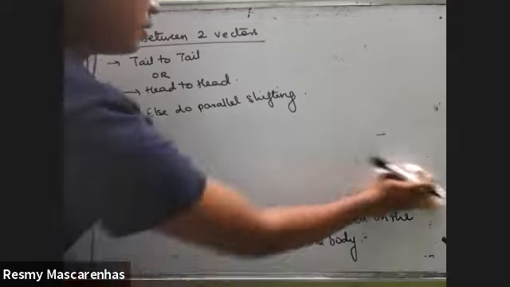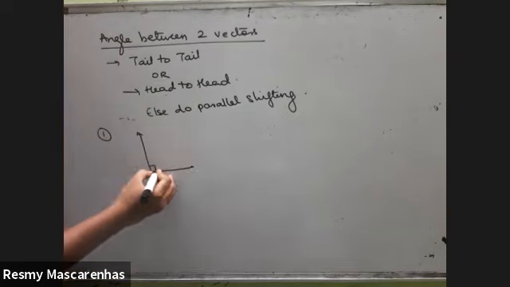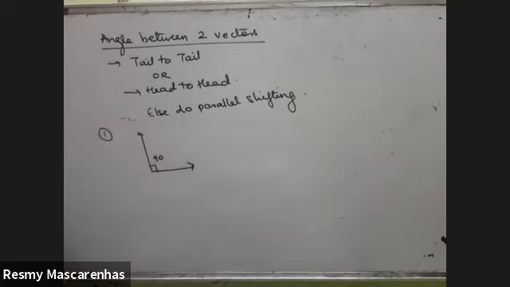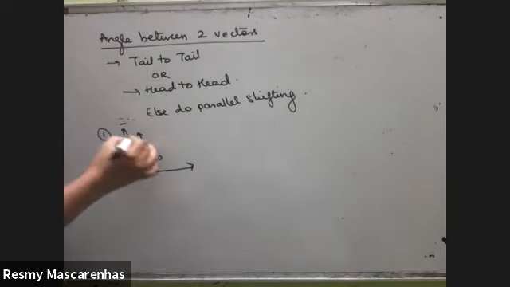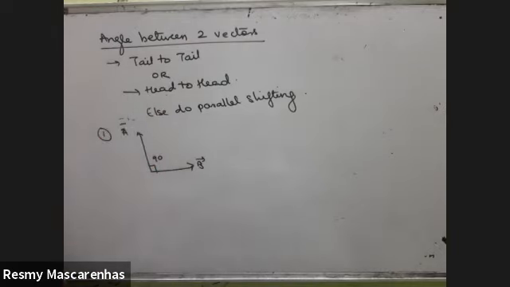I'll give you an example. First one, suppose this is A and this is B. Now you see, this is following this condition.